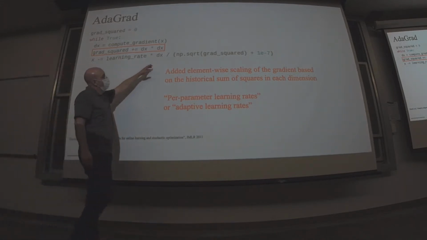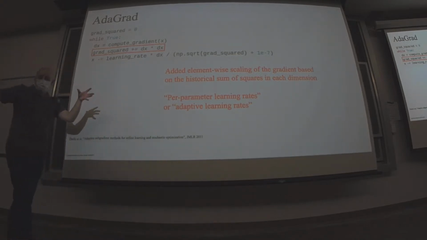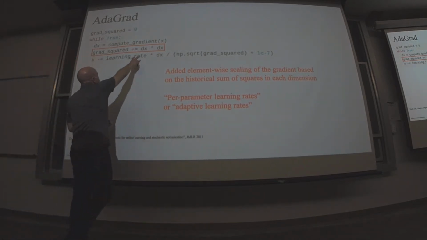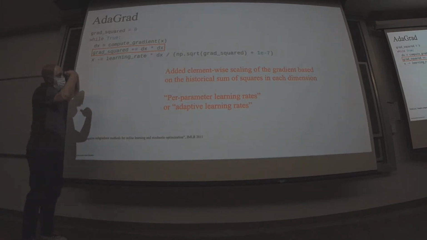You divide by the square root. The square root here kind of brings, if these had units, the units back to the correct set of units. But importantly, you're dividing by some positive term here, or it should be positive.